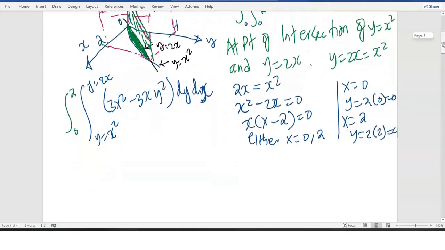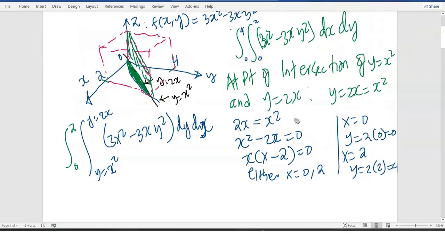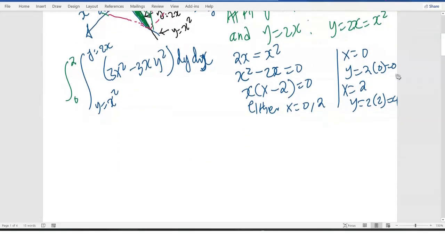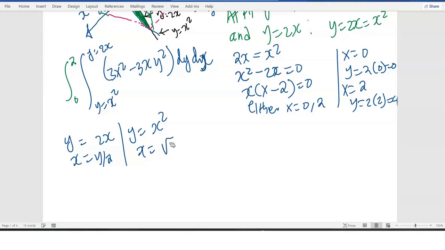If we don't want to do that, then we can make y remain constant, then we vary the dimensions of x along the x-axis. So how do we do that? We already know that y is equal to 2x, so meaning that x will be y out of 2. And if y is equal to x squared, that means x is equal to the square root of y. Then the volume is now going to be from 0 to 4.